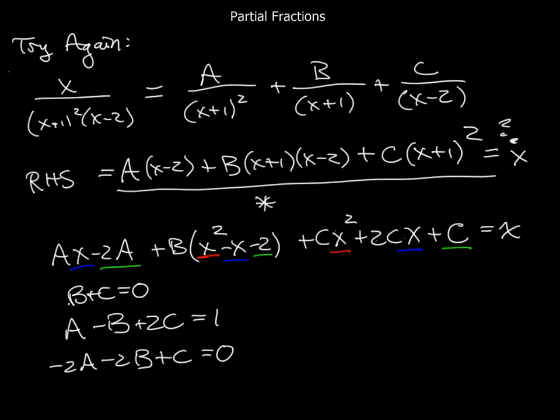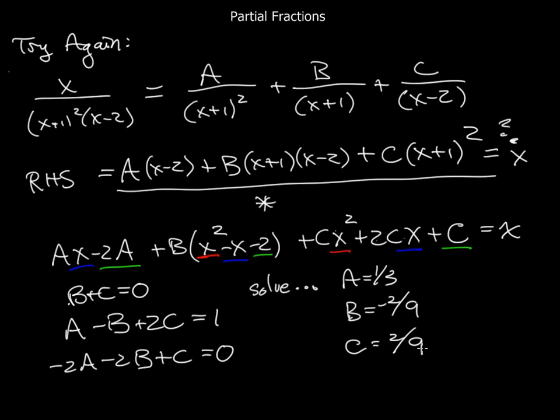So now I have 3 equations and 3 unknowns, and I have a chance at solving it. And, well, I'm not going to go through the painful process of solving this. It turns out that it gives a is equal to 1/3, b is equal to minus 2/9, and c is equal to 2/9.